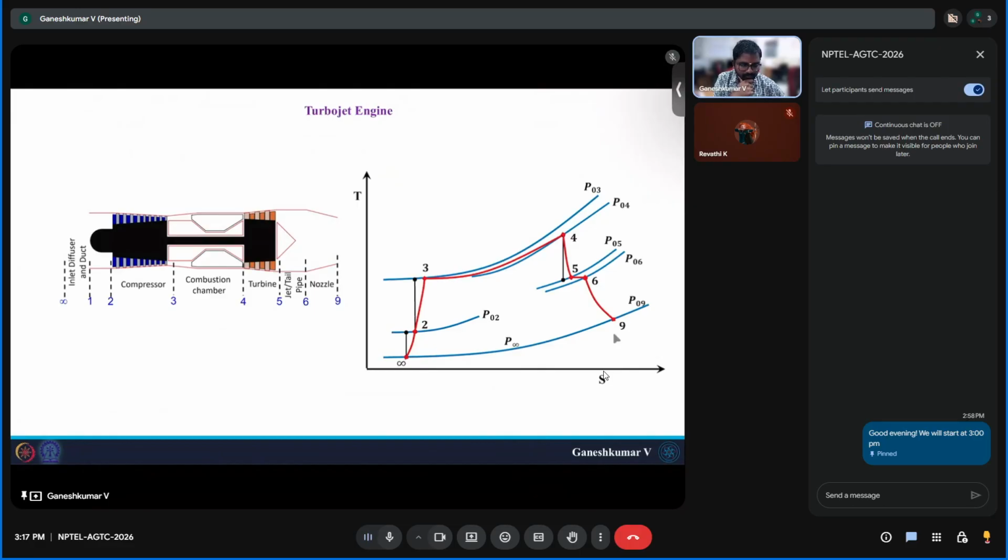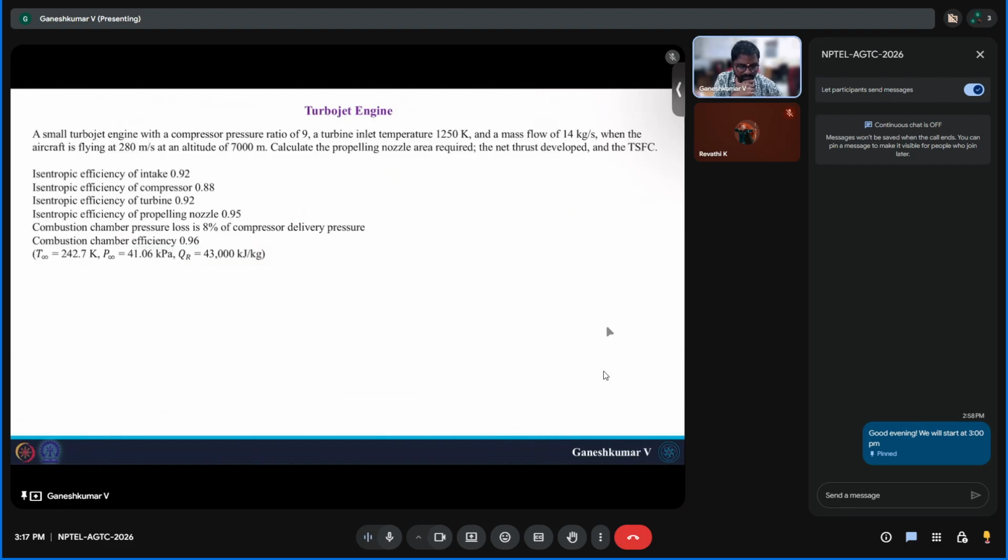Now for this problem, we just connected 6 to 9, where P09 and P infinity lie on the same isobaric line, but this may not be the case. So we will solve this problem.